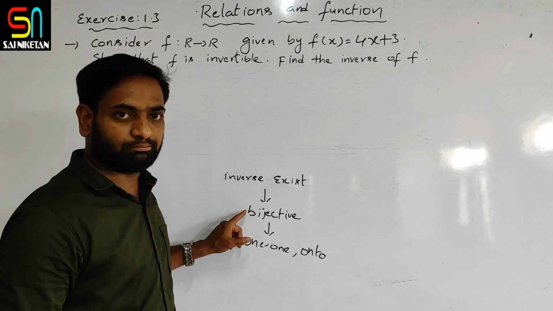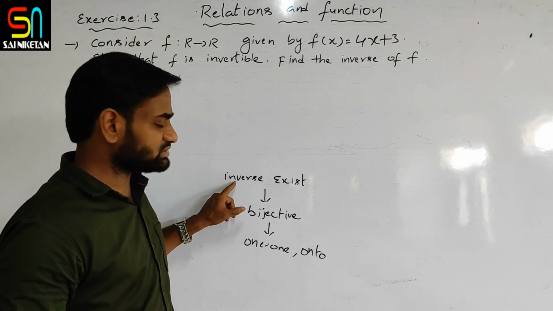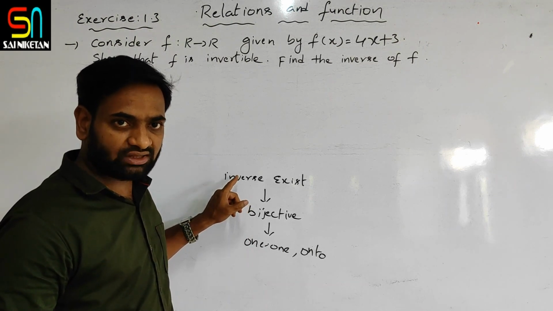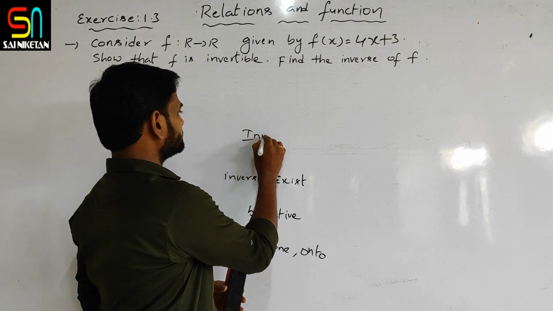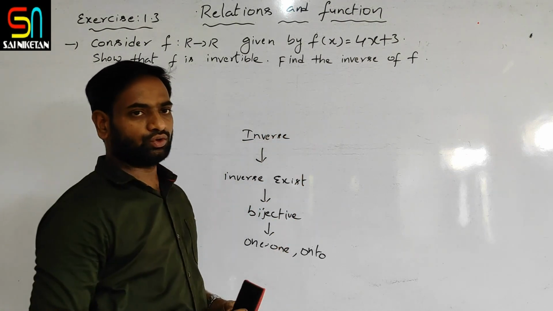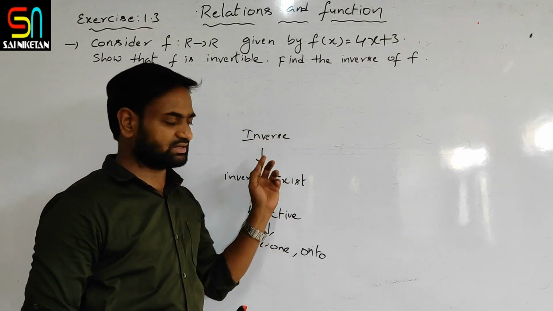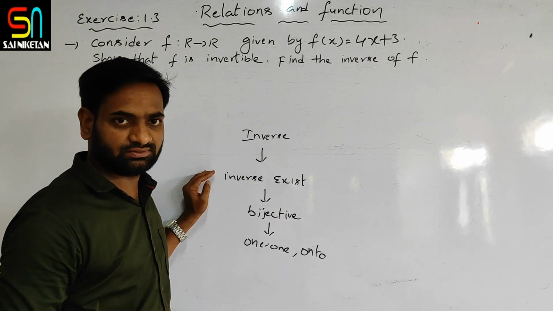When the function is bijective, then its inverse exists. When the inverse exists, then we can find the inverse. So, to find the inverse, first we have to check whether the inverse exists or not.